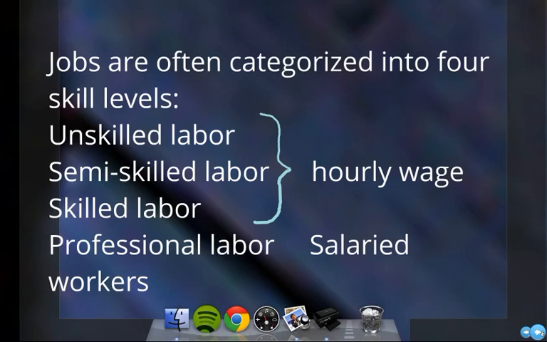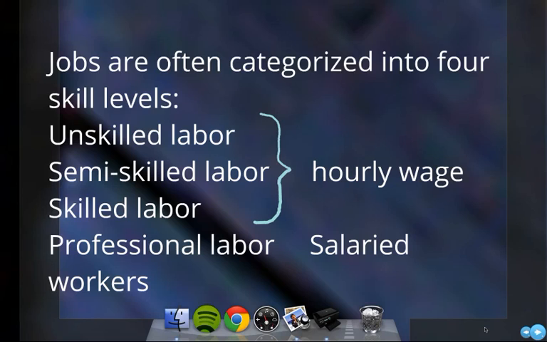Other people, particularly those in professional labor positions, are salaried. Usually these are people who have gotten some sort of undergraduate or master's degree. Salaried employees get a set pay no matter how many hours they work, which can be a positive thing, but in some cases is also a negative, particularly if you work in an enterprise with quotas that you need to meet.